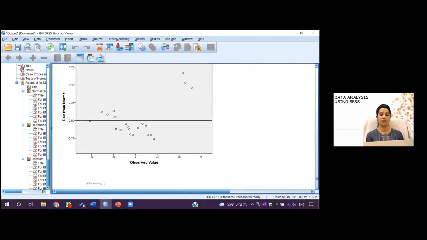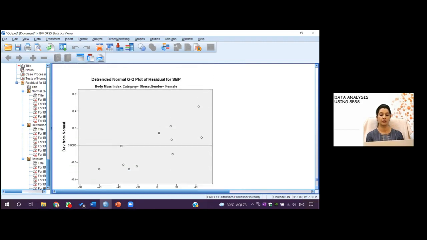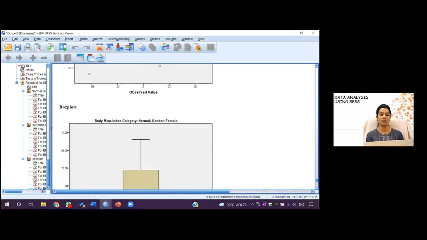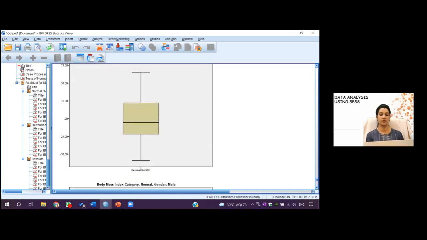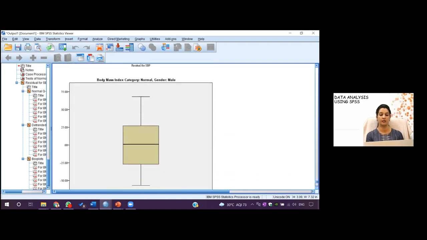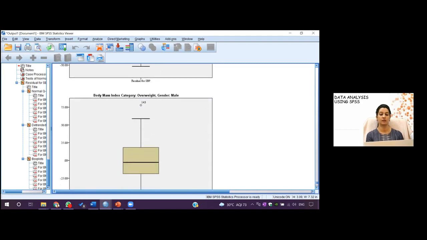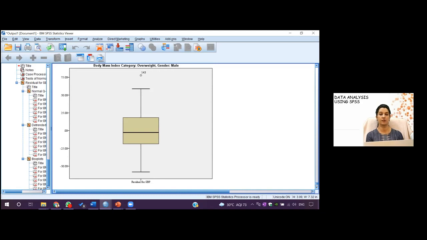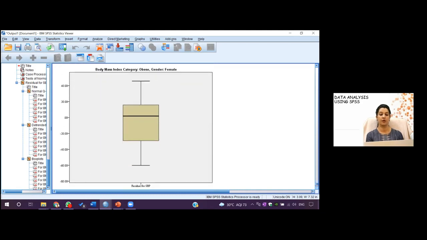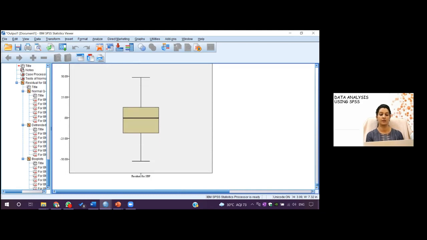If you go down and see the box plots, you have got 6 box plots. This is one box plot, no outlier, no outlier, no outlier. There is one outlier, case number 143 here. Again, no outlier. This way you have checked the assumption regarding outliers in all 6 cells.